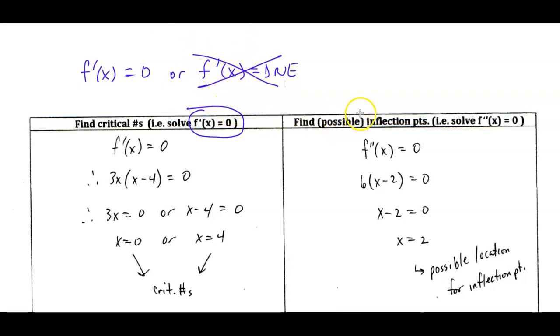Now, whenever we talk about possible locations for an inflection point, it's the same thing. We want to figure out when this is going to be equal to 0, or when we have a does not exist case. And of course, the second derivative of a polynomial is still a polynomial. And polynomials are defined and continuous everywhere. So we're not going to have the does not exist case here.